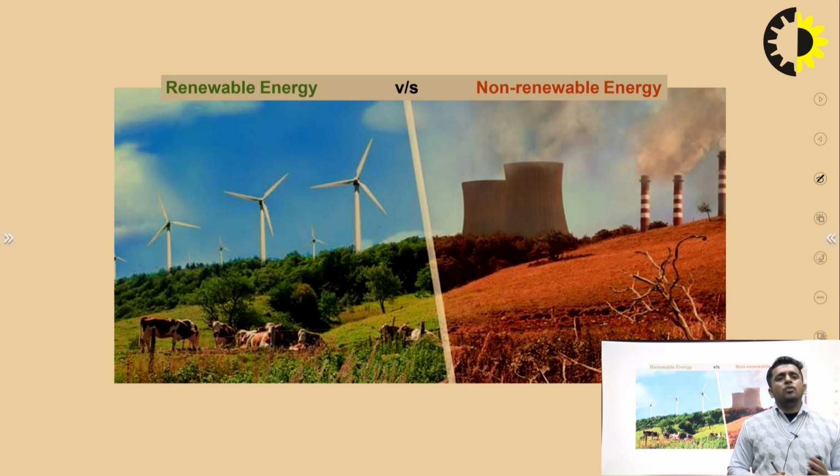For example, we have solar energy, which is renewable. The day we have earth, the day we have sunlight, solar energy will be available. Then wind energy is renewable energy, ocean energy is renewable energy, and geothermal energy is renewable energy. These are the different types of renewable energies.